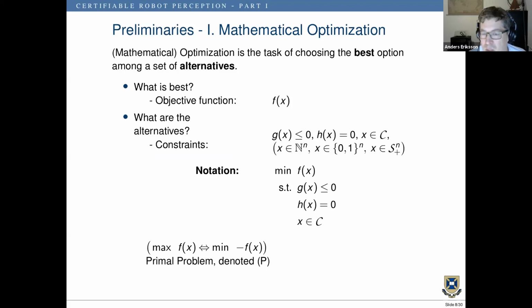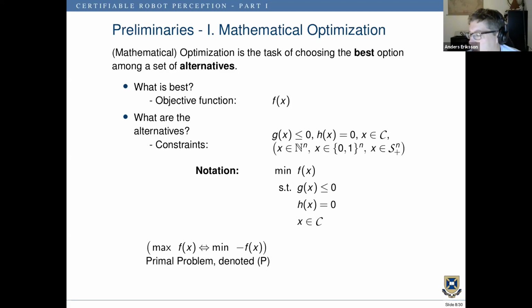This might be some error that we want to minimize, or some loss function that we want to minimize. But this is described by the objective function. Then the alternatives are described by constraints. This is what limits your choice in how you can choose.